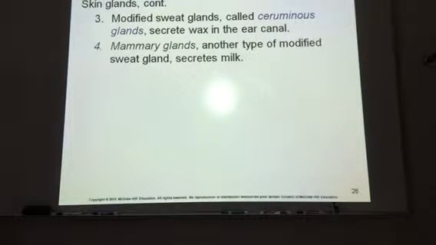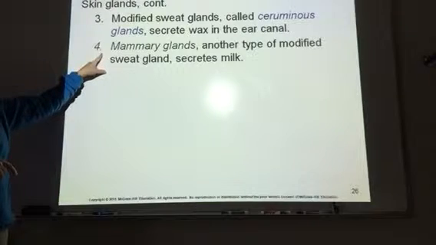Couple others, sweat glands actually produce your earwax. So a modified sweat gland, they're called ceruminous glands, secrete cerumen, or basically your earwax. So the wax that your ear produces is actually from a modified sweat gland.